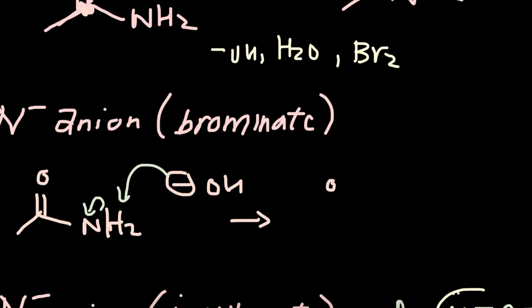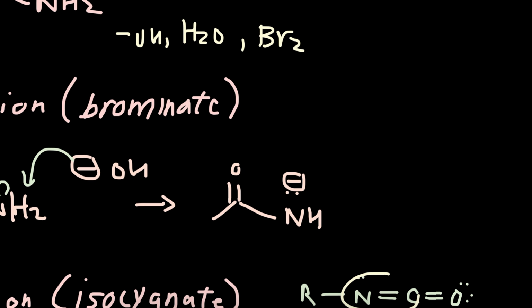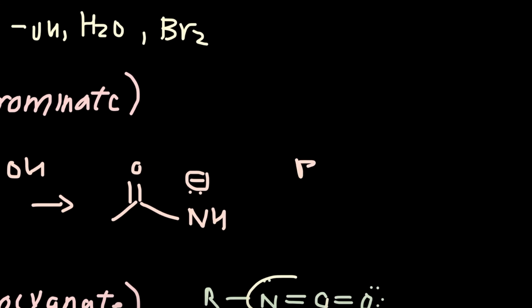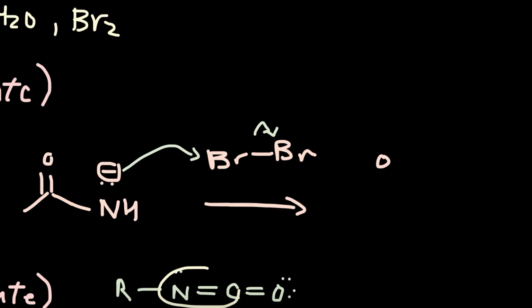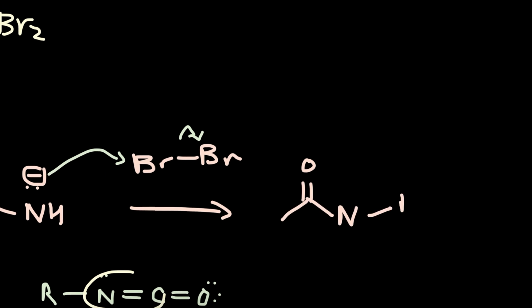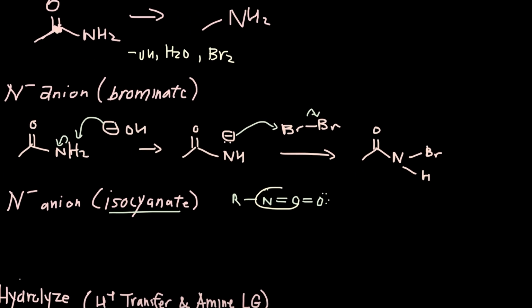That gives us a nitrogen anion, which can then attack the bromine. So that's the first step.